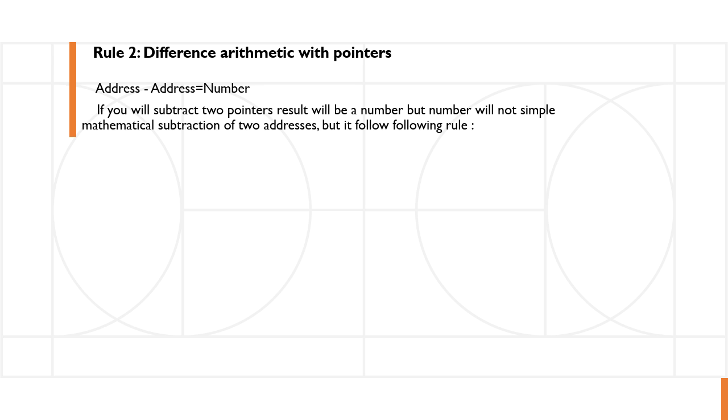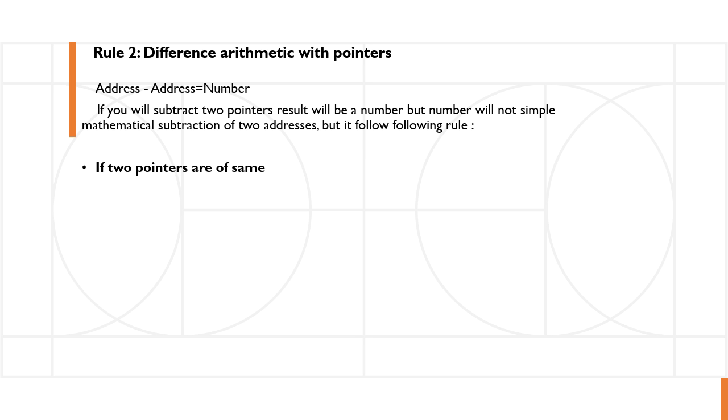You are 15 houses away from my house. Similarly here, address minus address gives you a number. If you subtract two pointers, the result will be a number.